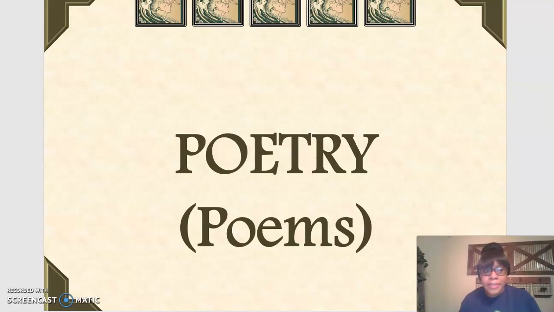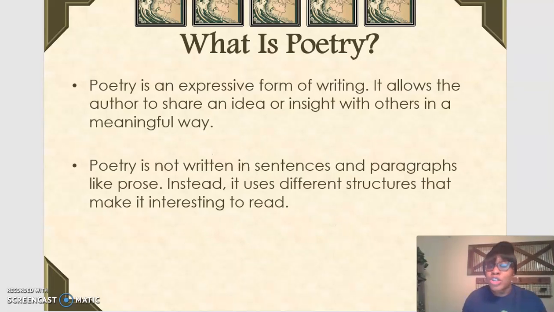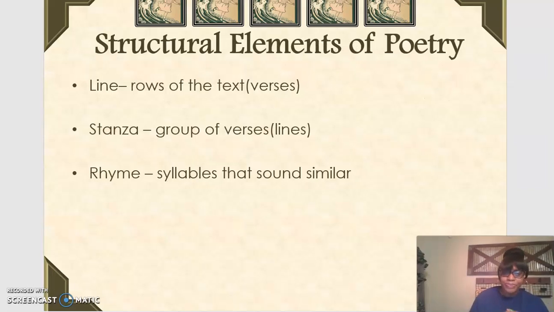Poetry is your poems. So what is poetry? Poetry is the expressive form of writing. It allows the author to share an idea or insight with others in a meaningful way. Poetry is not written in sentences and paragraphs like prose. Instead, it uses different structures that make it a little more interesting.